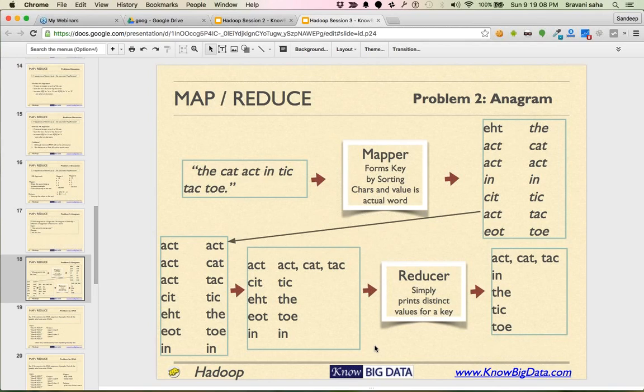That's all Hadoop does, and that's what has happened here. We exploited this ability of Hadoop to solve our problem of anagrams, so that all anagrams can come together. Sounds interesting?